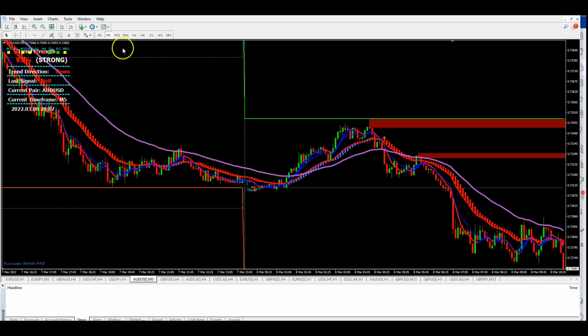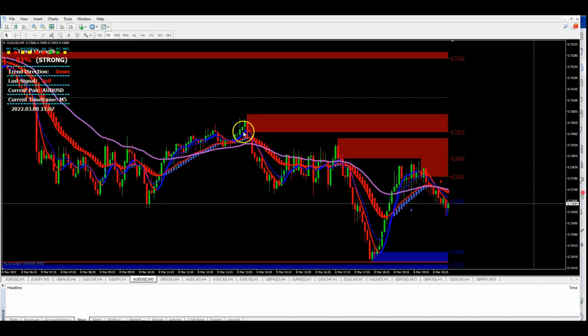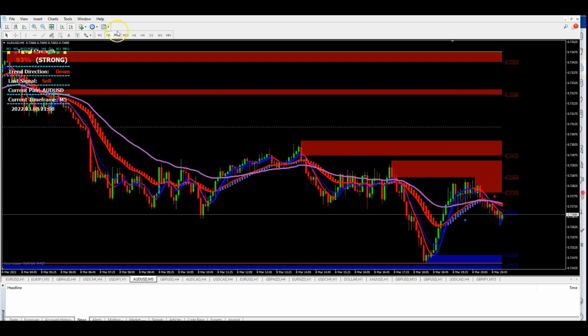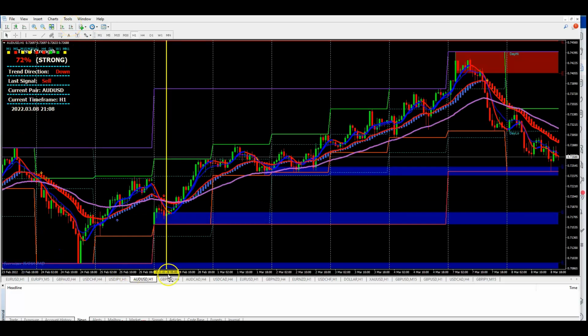I don't know where the little line went. Let me see. Did it disappear? It didn't. What's that date? 2/28. Okay. Because be mindful that these are on this 1 hour chart. It's going to be different, so I'm going to have to scroll.